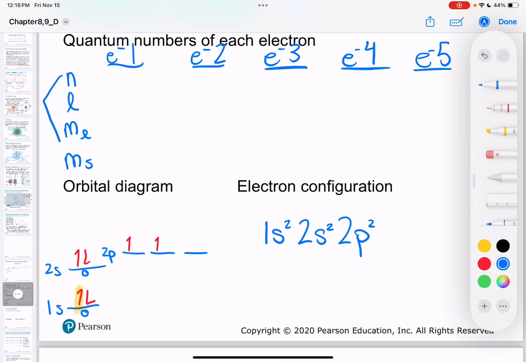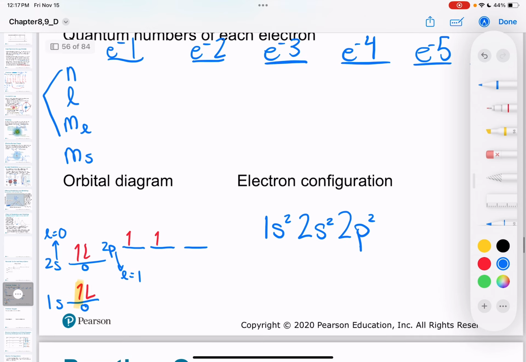Remember, for an s, there's only one m sub l value because there's just that one orbital. Those 2 things are tied together. And then for the p, there's 3 of them. The p is equivalent to an L of 1. The s is equivalent to an L of 0. These are the things you have to remember from chapter 8. We're kind of using the letters now. We're not even talking about the L values.